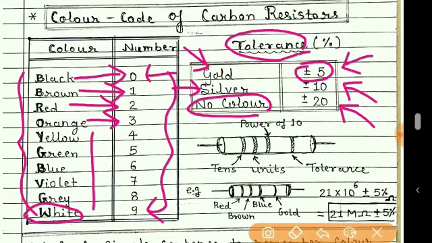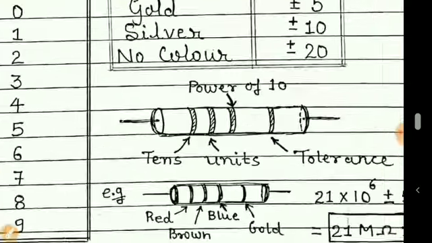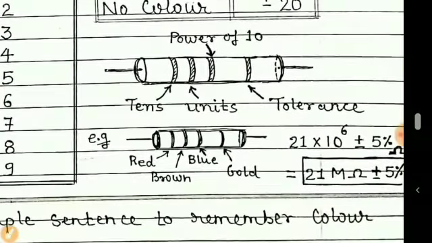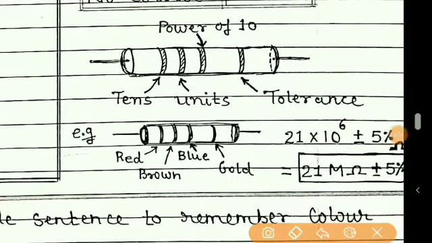Now students, let us find the value for a carbon resistor. So now in this figure, this is a carbon resistor, and here at its end these are connecting wires by which the resistor can be connected in a circuit. Now students, you can see there are 4 bands, and these bands are made up of colors.